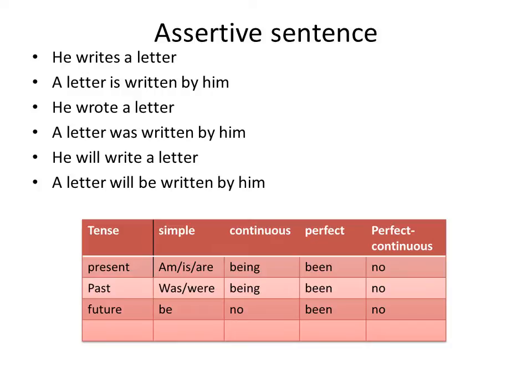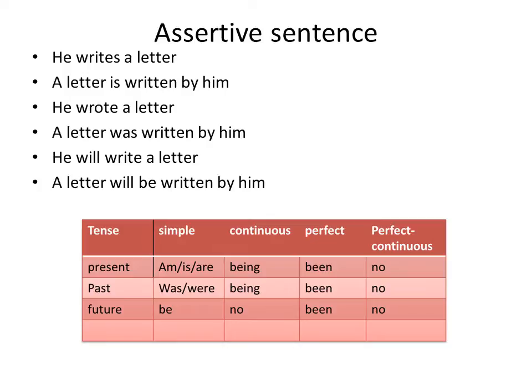So let's see. He writes a letter. Now a letter is an object. We have seen how to find the object by asking a question, what, to the verb: what does he write? Then we will get the answer, a letter.